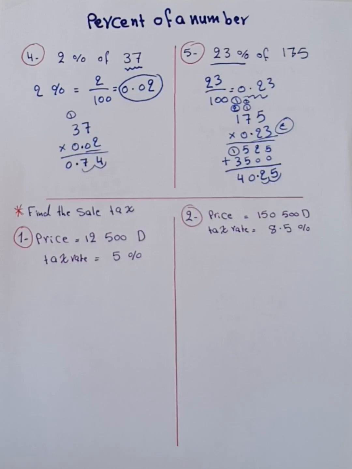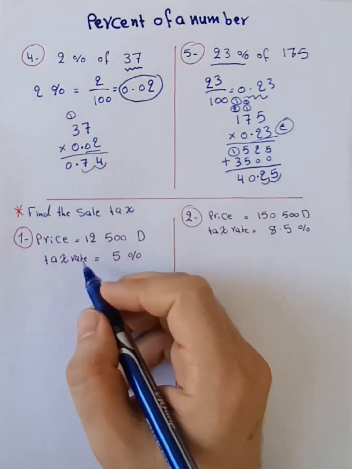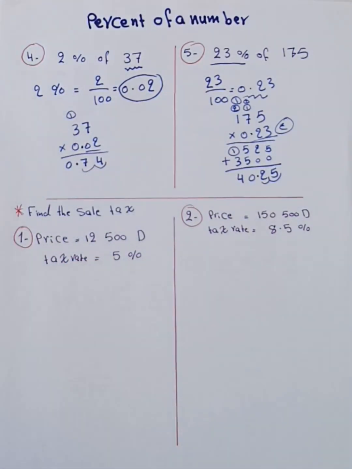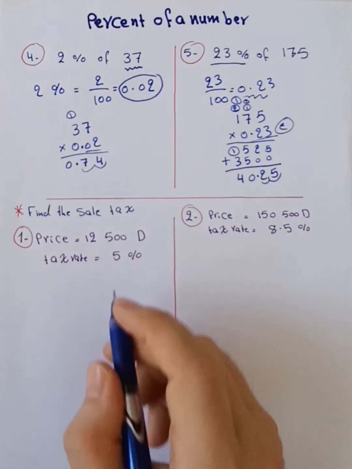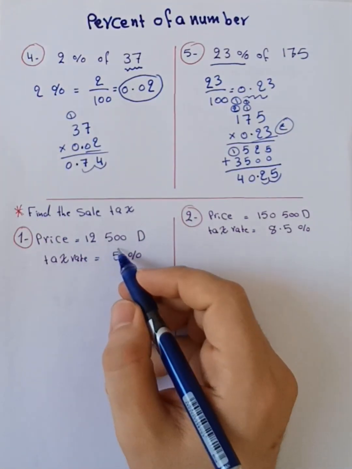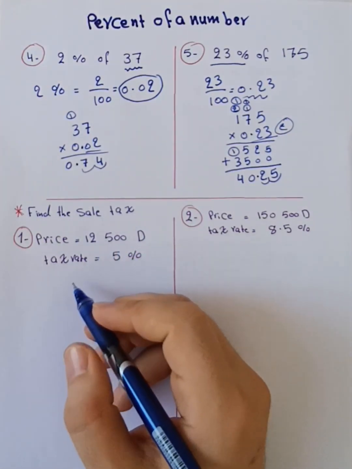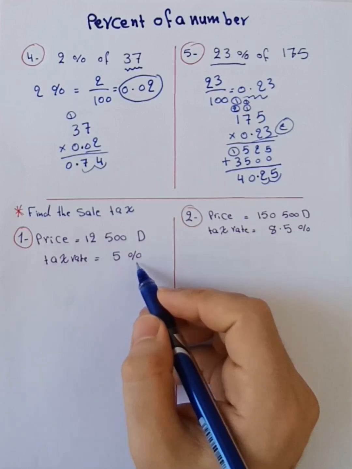And the second part of this lesson, find the sales tax. How to find the sales tax. Example number 1, you have a price for something of 12,500 dinars and the tax rate is 5%.